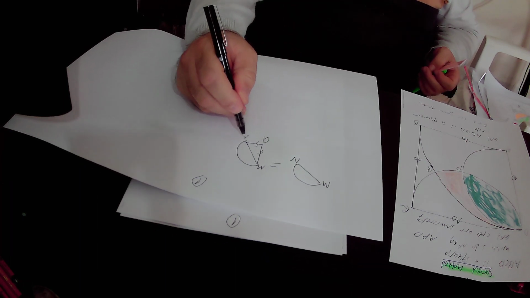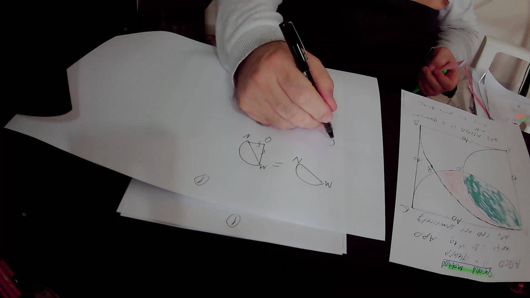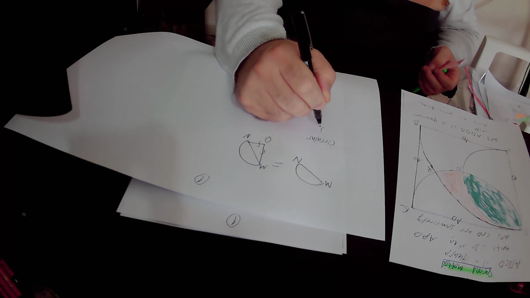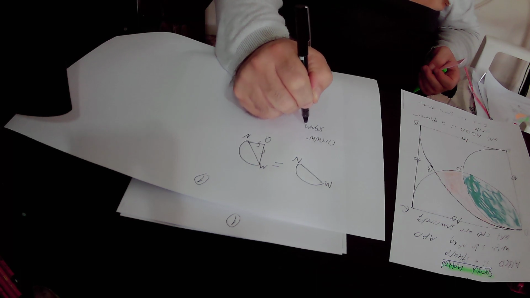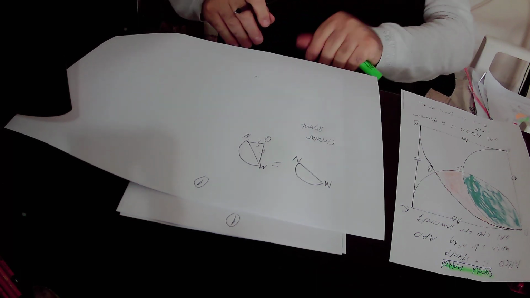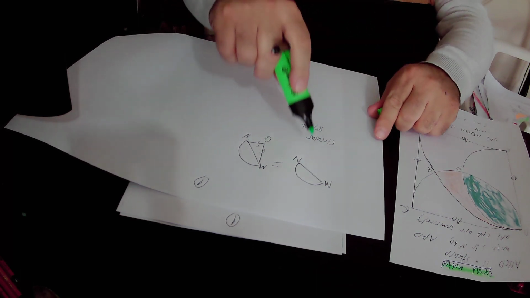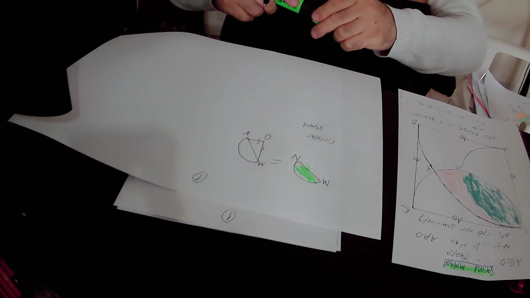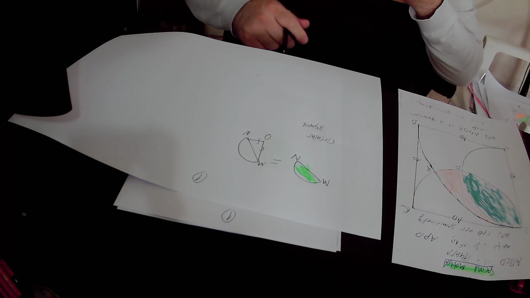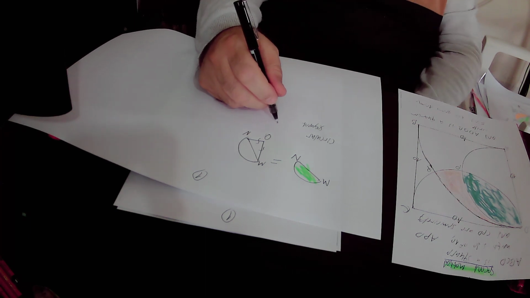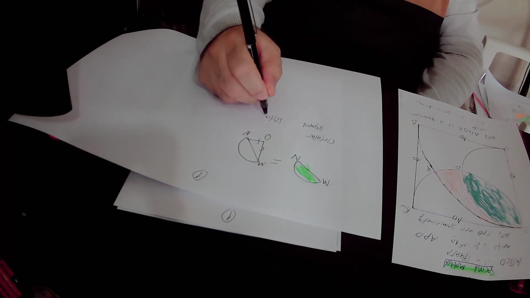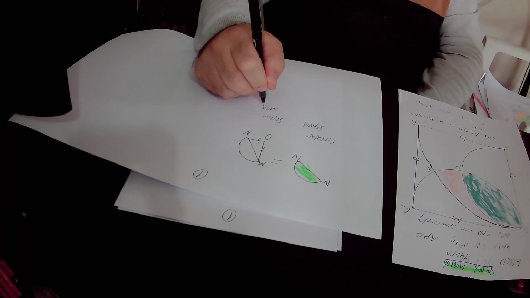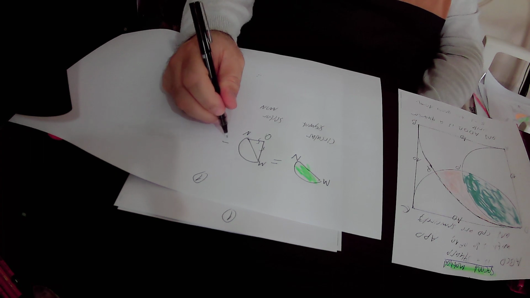This is sector MON. Minus the area of triangle MON.